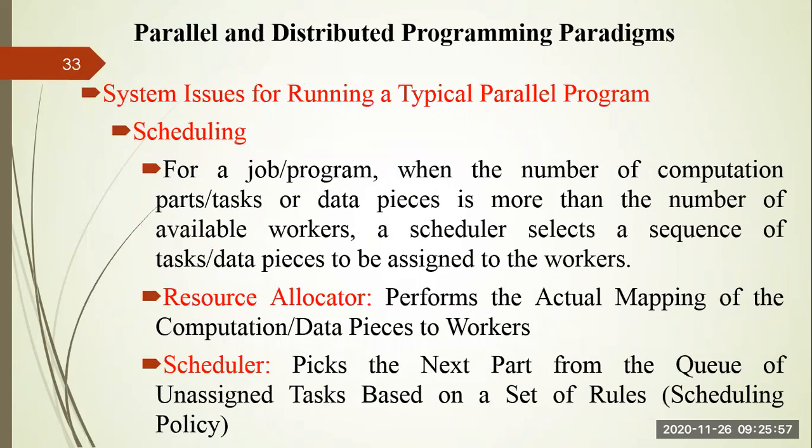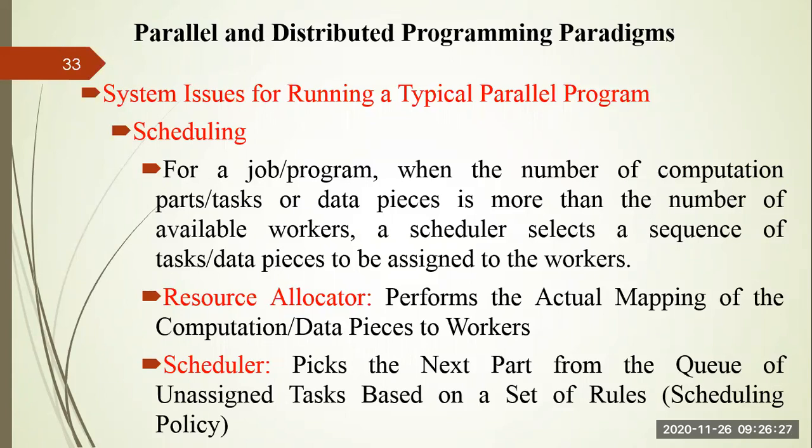The most important part is scheduling. Scheduling applies to a job, program or application when the number of computational parts, which we call tasks, or data pieces, depending on the data partitioning or the computational partitioning, is more than the number of workers.